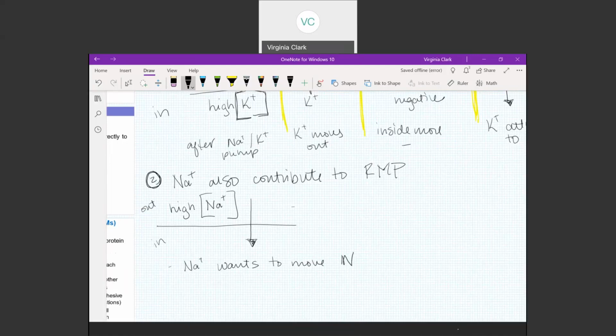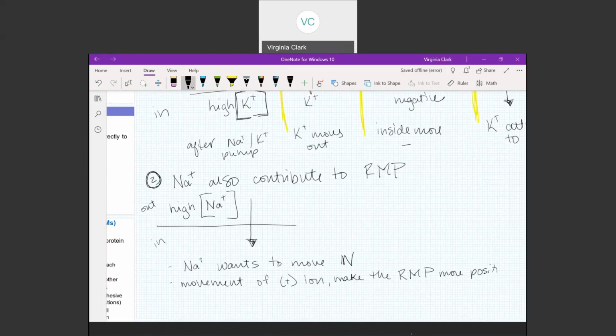If you're moving sodium inside the cell, it's a movement of a positive ion. You're moving a positive ion inside the cell. It will change the resting membrane potential. It will make the resting membrane potential more positive.